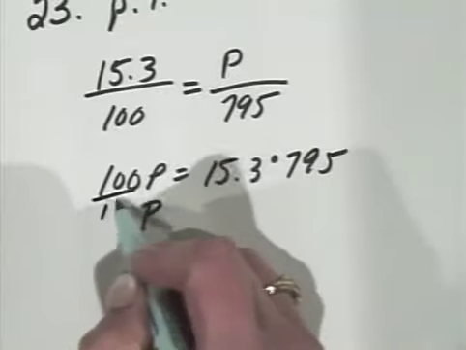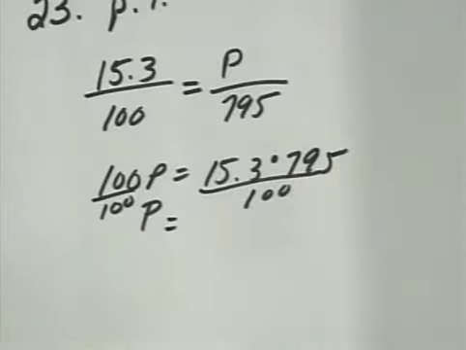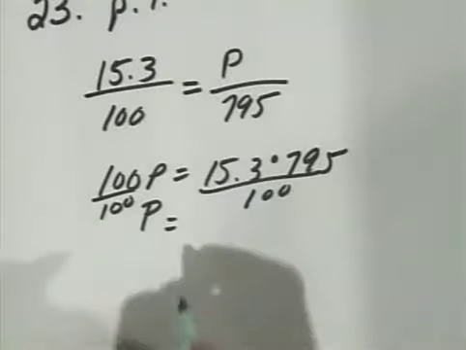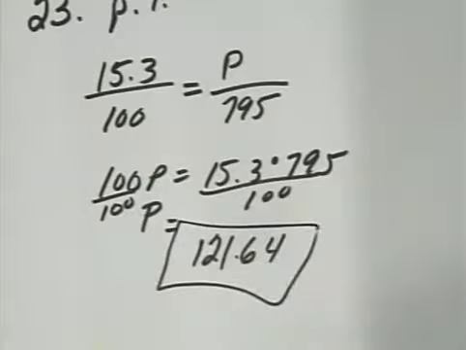You're going to divide by 100. P equal 121.64. That would be her FICA withholdings during this pay period out of $795. That's a lot of money.